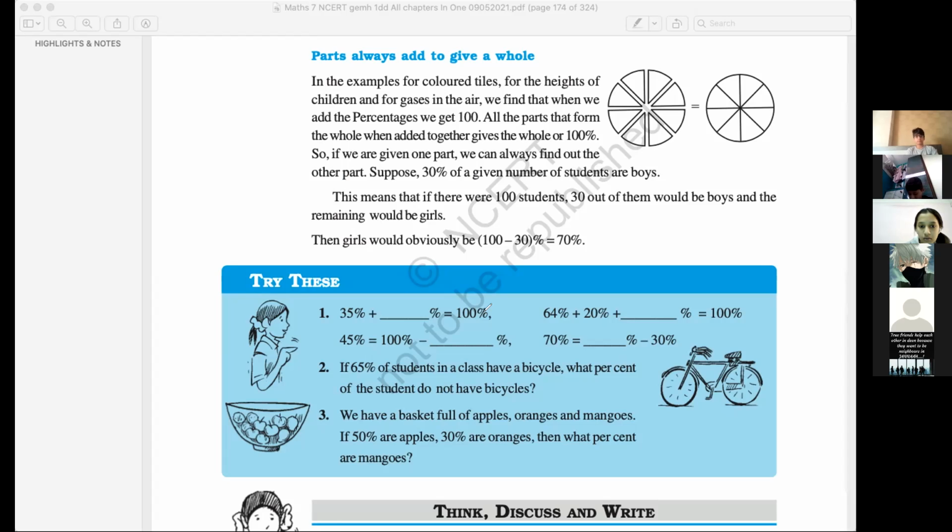If we do 100 minus 35, we can get it: 35 goes over here, minus 35, so you'll get 65%. 84 plus what is 100? 16%. Okay, 100% minus what is 45%? 55.